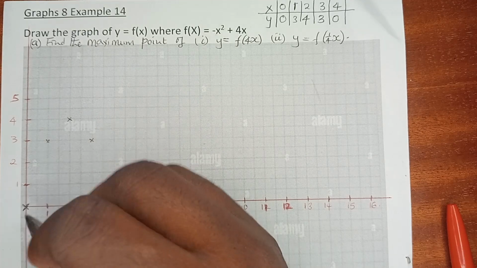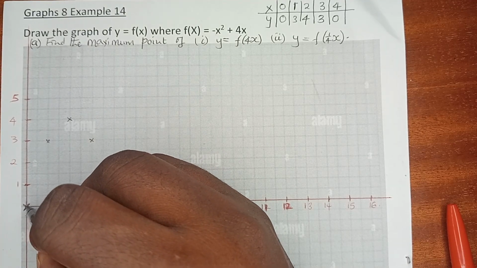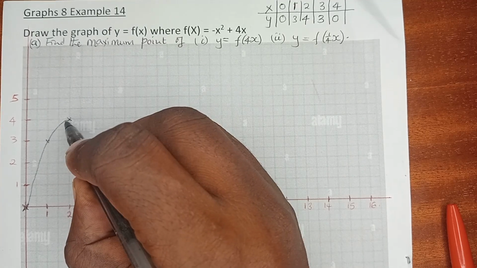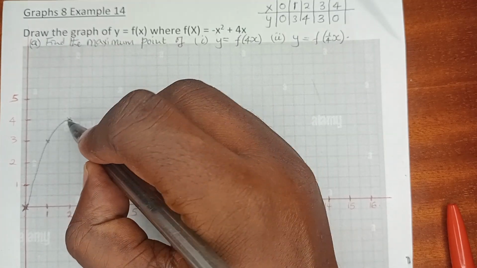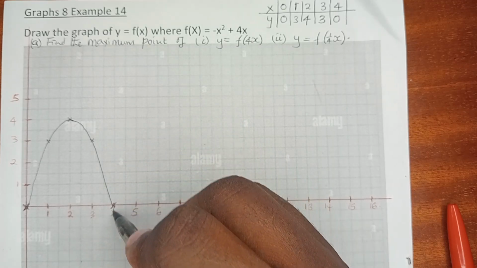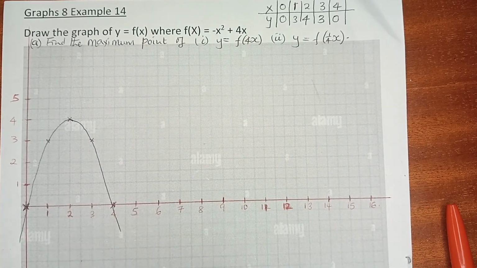So we have a graph that looks like this, with a maximum that is quite conspicuous and well visible. You can see the graph has a maximum point at (2, 4).